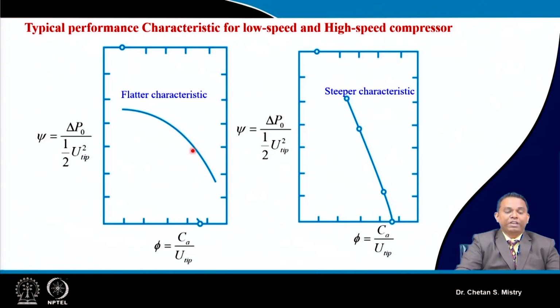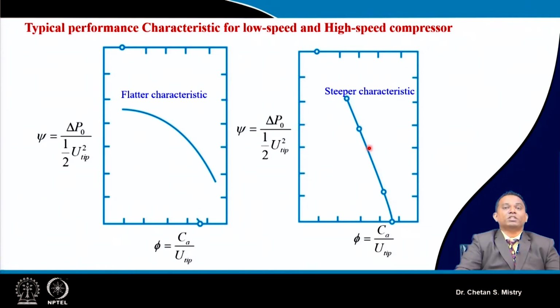This gives the flatter characteristic that we achieve with a subsonic compressor, and this represents the steeper characteristic that we achieve by opting for a transonic compressor. So this is the meaning of flatter and steeper operating characteristics. In the same way, the stall margin for a subsonic compressor is larger, and the stall margin for a transonic compressor is lower. Why this is happening is of our interest.